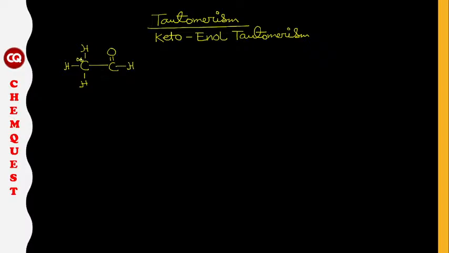In CH3CHO, this carbon is known as the alpha carbon. Removal of this alpha hydrogen is possible because it is acidic due to the minus I effect of the CO group.